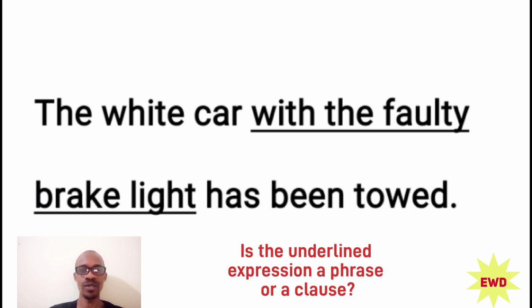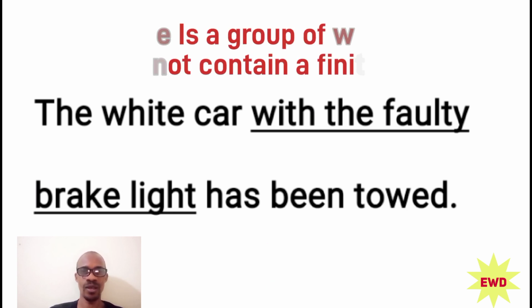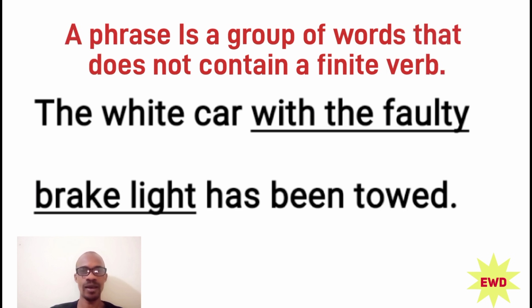You can only do this if you know what a phrase is and what a clause is. So what is a phrase? A phrase is a group of words that does not contain a finite verb. Remember, a finite verb is a verb that agrees with a subject or works with a subject.